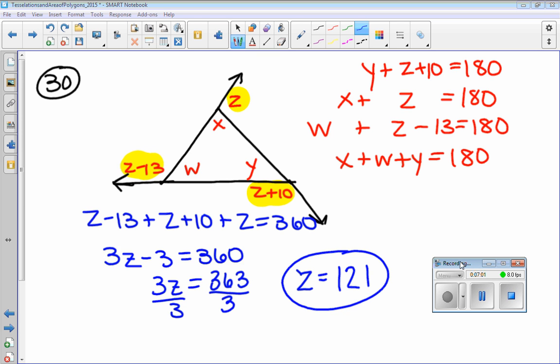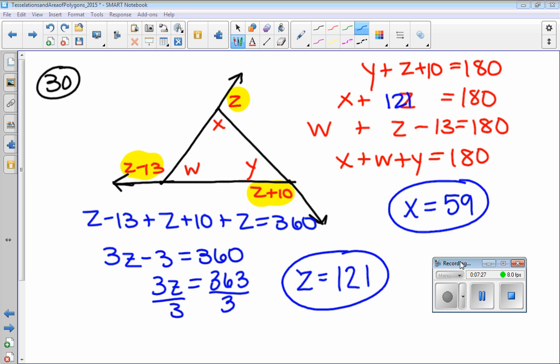So I could plug them in. Well, I could replace this guy with the 121. Would you agree? And then what would x have to be? What's 180 minus 121? 59. Okay, so x is 59. We're still looking for y and w.